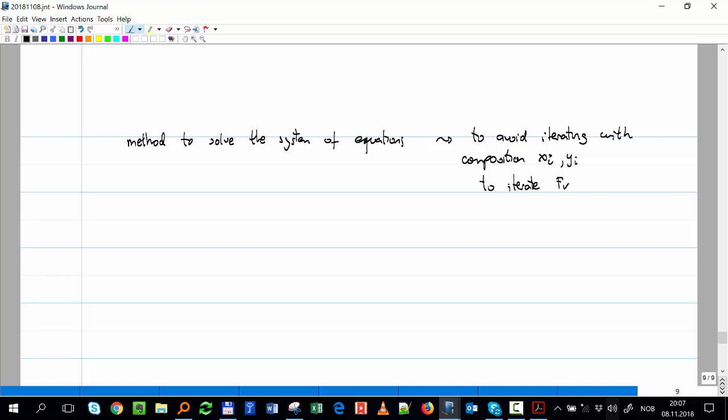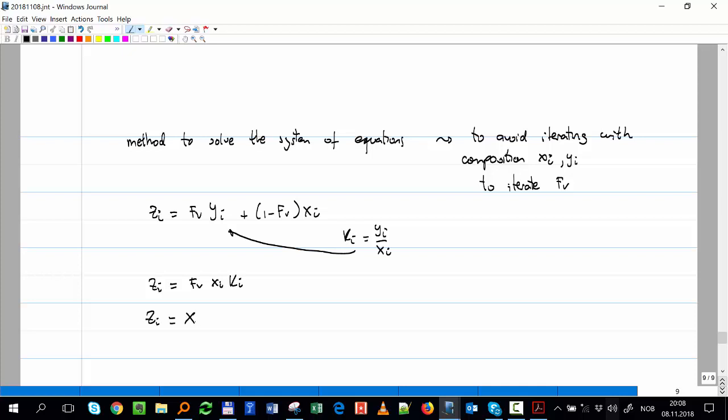So the massaging I make, starting from this equation, zi equals FV yi plus 1 minus FV xi. I substitute Ki is yi over xi. I substitute this guy here, so I get FV xi times Ki, and then I take xi as a common factor, sorry, here I'm missing this part.